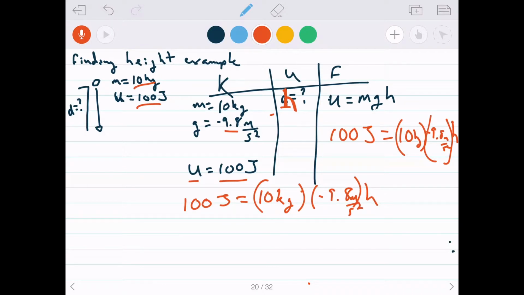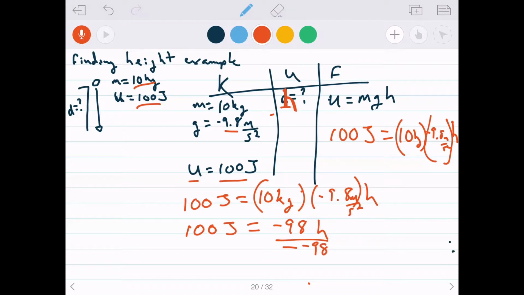First I'm going to multiply these two numbers, which means this is negative 98 times my height. Then I'm going to divide both sides by negative 98.